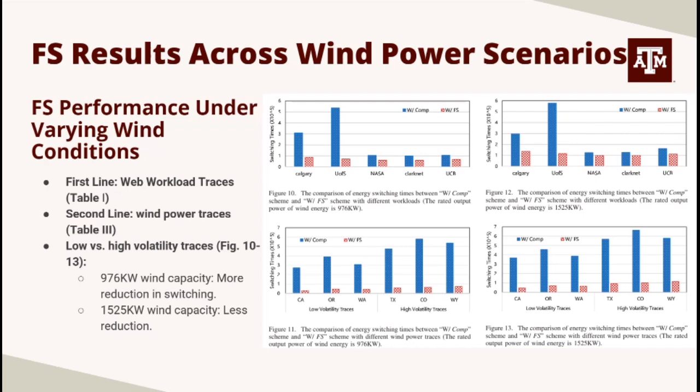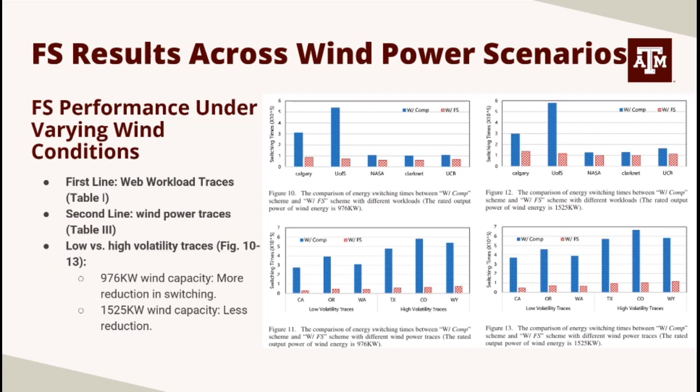However, there is a trade-off. More aggressive smoothing requires larger batteries, as shown in Figure 5. The takeaway: flexible smoothing is adaptable, but system designs must balance smoothing intensity with battery costs.